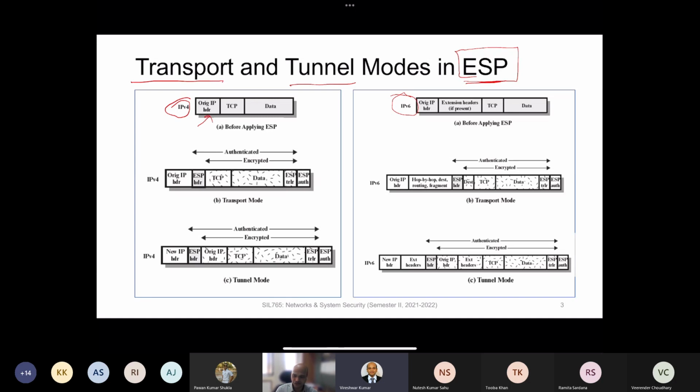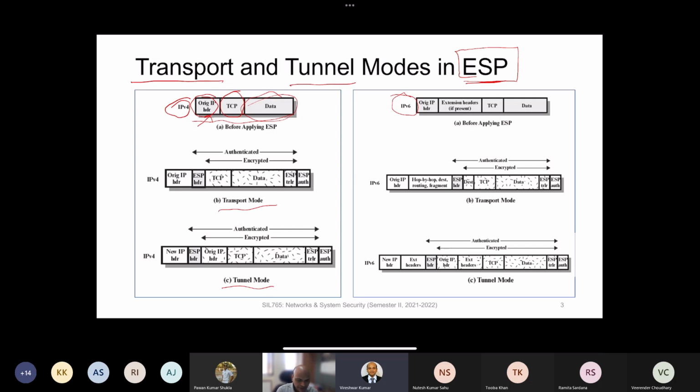This IPsec security is applied to a packet after the IP header is added to the packet. So here we have the IP header, then the TCP header, and then the data. This is the packet that we have to secure using IPsec.